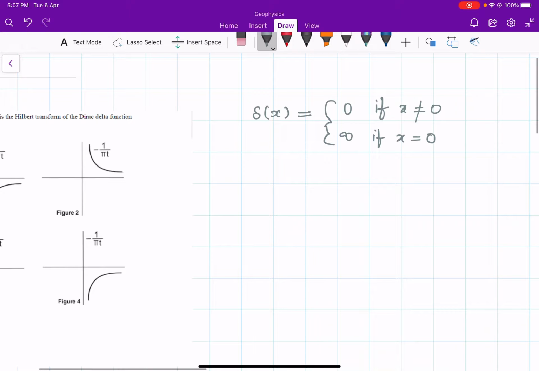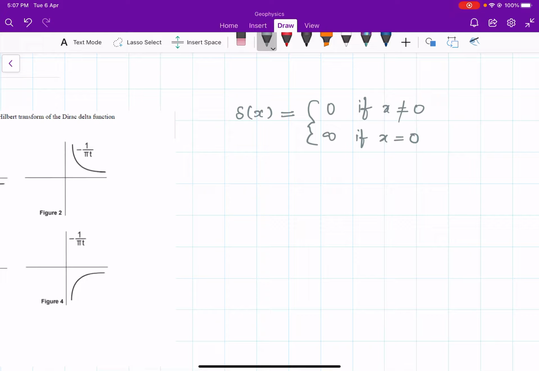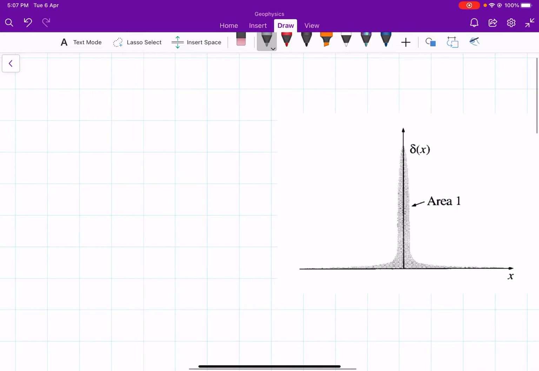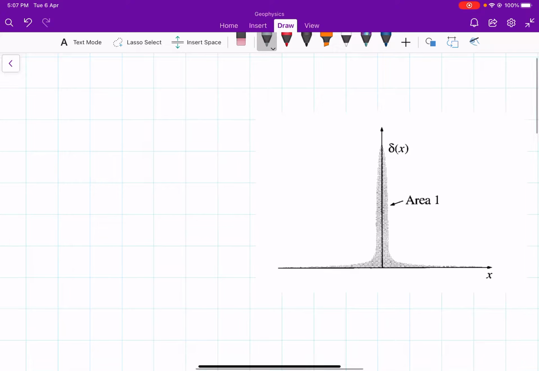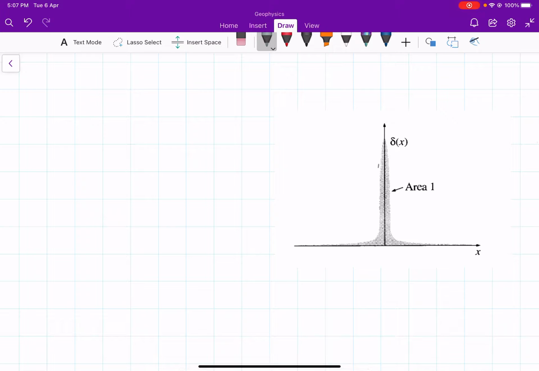From the definition it is clear that δ(x) is an infinitely high narrow spike with area 1. In the figure you can see this is the spike, infinitely high, having area 1.